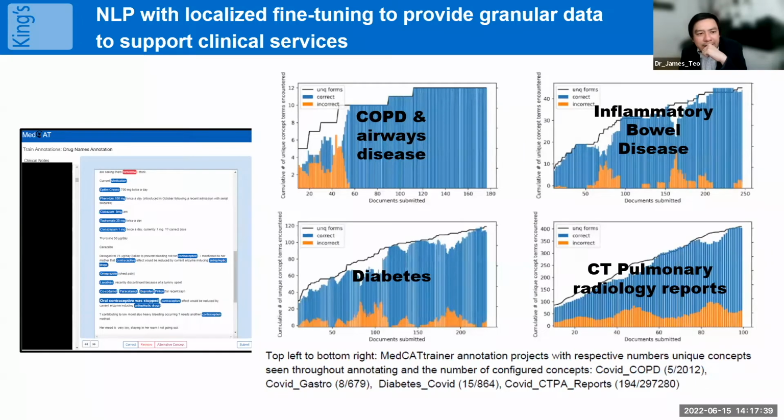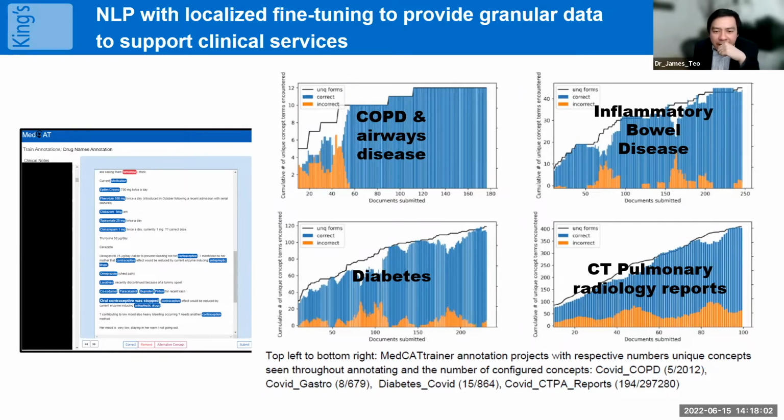So it detects concept bits of text and attaches them to an ontological concept, in this case, SNOMED CT, and then provides what we call meta annotations to provide contextual information. So you get whether something is present in a patient or absent in the patient, or whether it relates to the patient or a third party, whether it happened now or in the past and such.